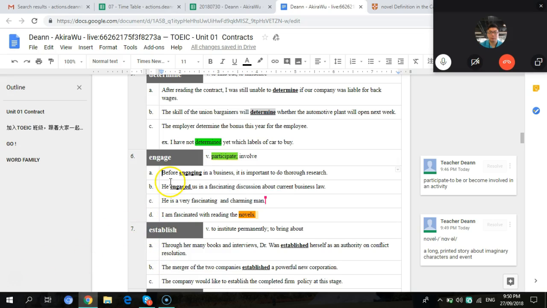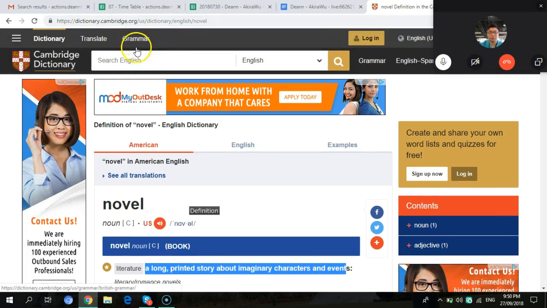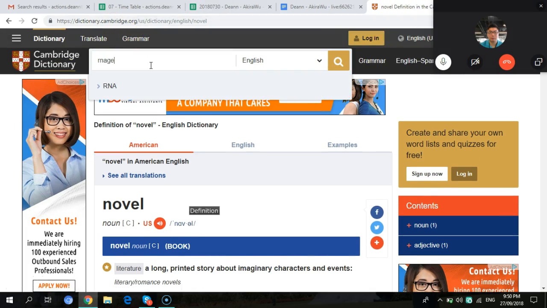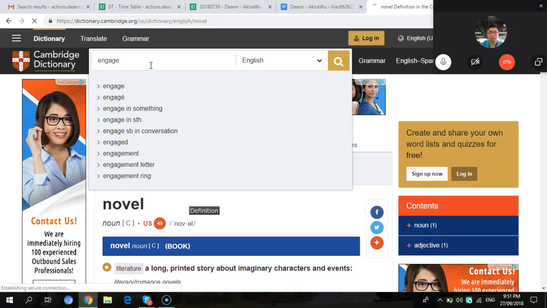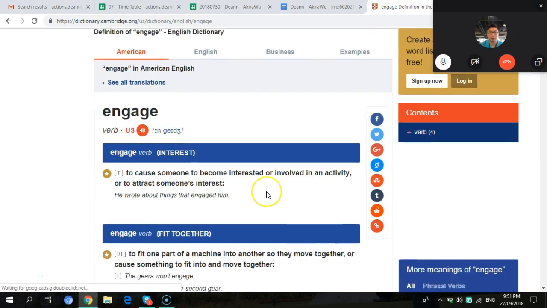I see the example sentences C and D do not have the vocabulary word engaged in them.